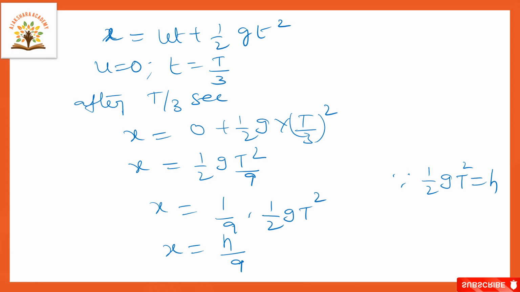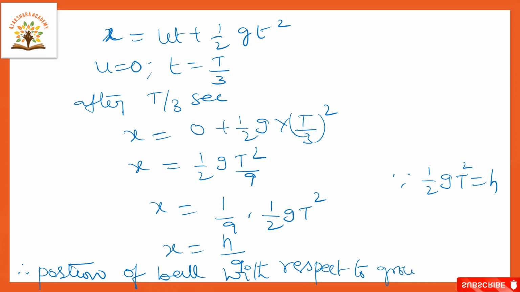So therefore the position of the ball with respect to ground is h minus x, that is equal to h minus h by 9.